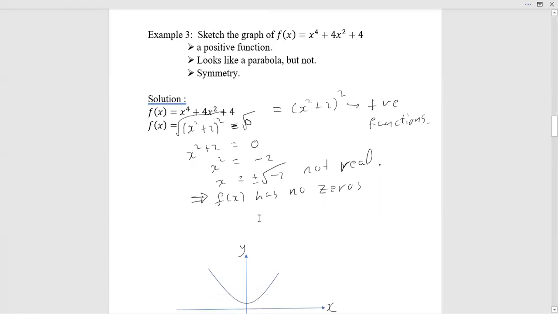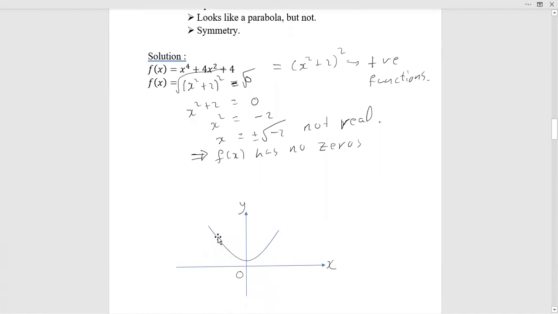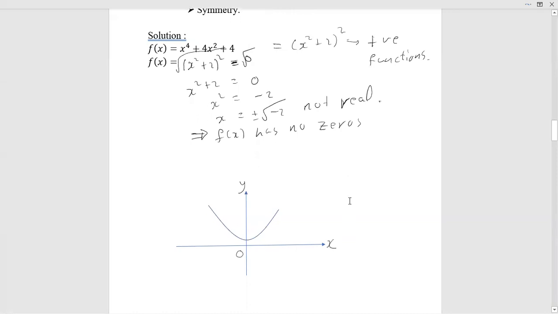It never intersects the x-axis. Since I said it looks like a parabola, but it is not really a parabola, I did draw a parabolic shape here, you see here. But if we do the graph with what we really know at the moment, we cannot draw a parabola.